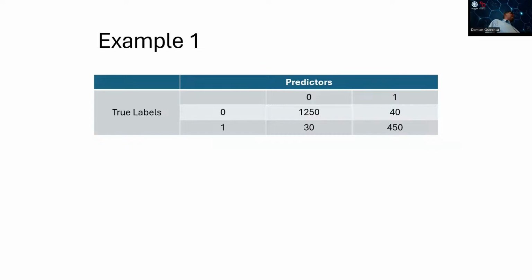And here is our example with the data. True positives 450, true negatives 1250, 40 is false positive, and 30 is false negative.